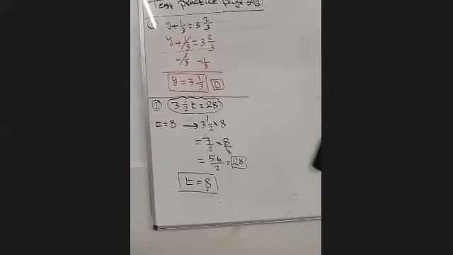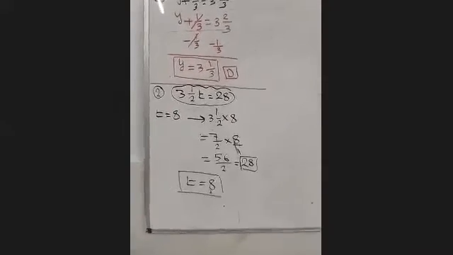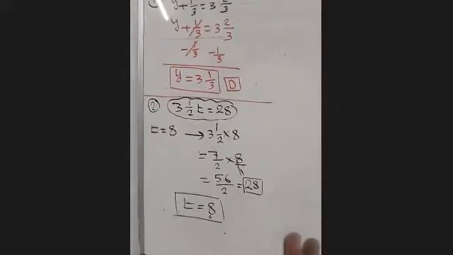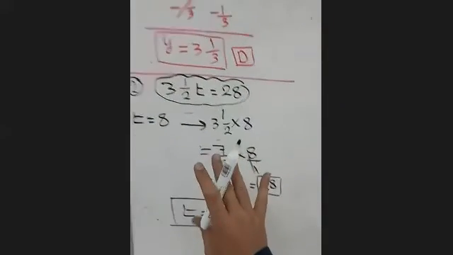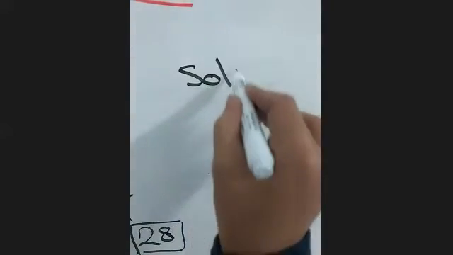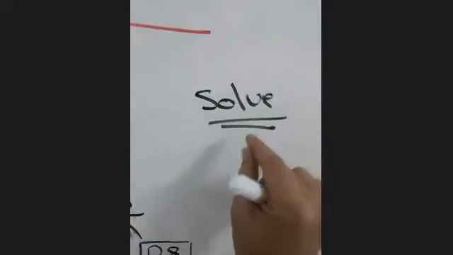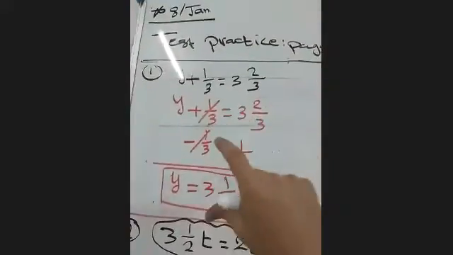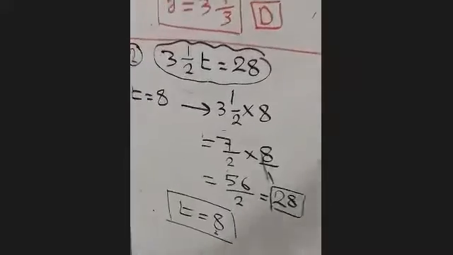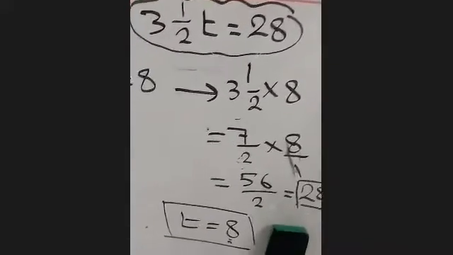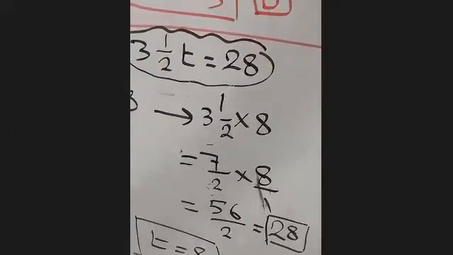Good. Now, guys, if the question asks you to guess and check, you will guess and check. But if the question says solve the equation, we will solve the equation normally as we did. So please don't be confused about this. Do you understand, Hisham?